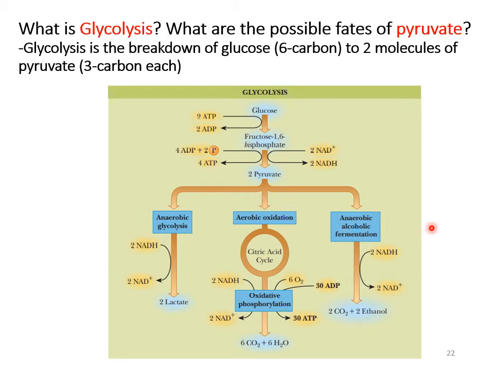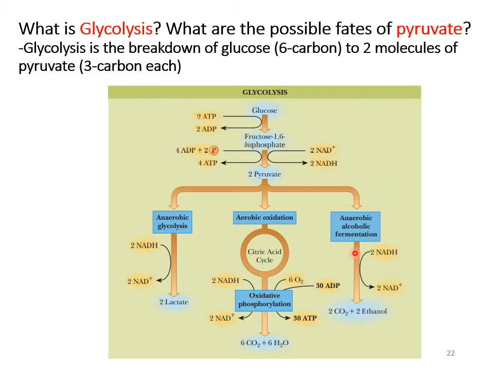Here you have the 3 main possible fates or pathways for pyruvate to go into. You have anaerobic glycolysis. You have aerobic oxidation, which will go through all of the other steps of cellular respiration, the citric acid cycle and the electron transport chain, to make a whole lot of energy for the cell.